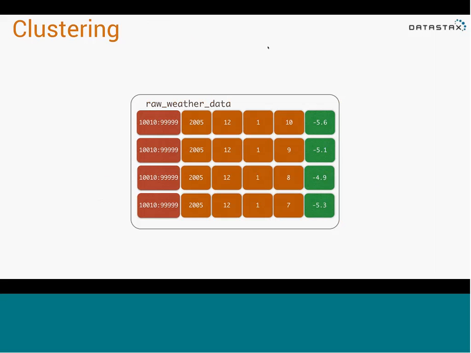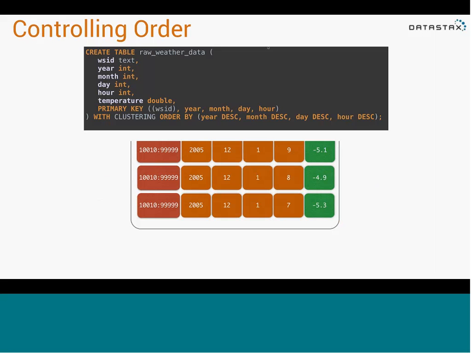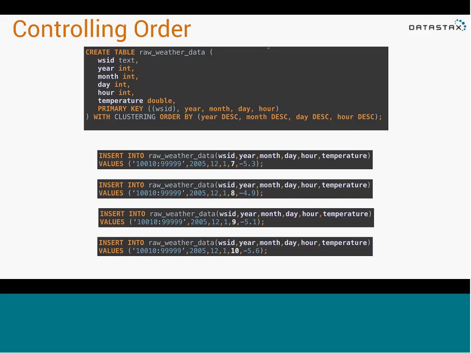Now, let me go back one and look at that last statement here, the clustering order by. This is when you start leveling up on your usage of Cassandra. It's one feature that I feel is going to make your data model sing, and this is a performance issue. On insert, I want to control the order that the data is sorted on disk.